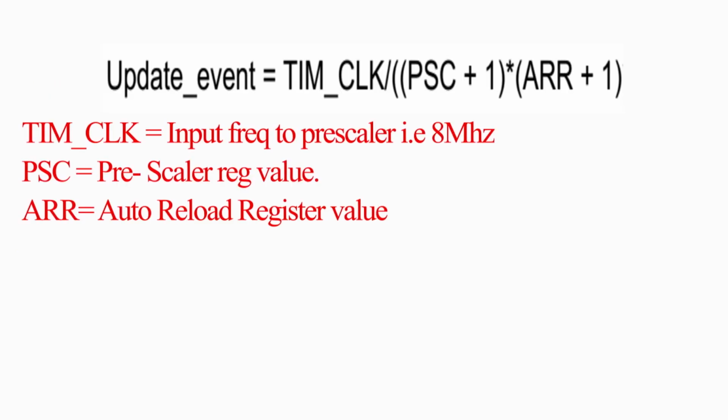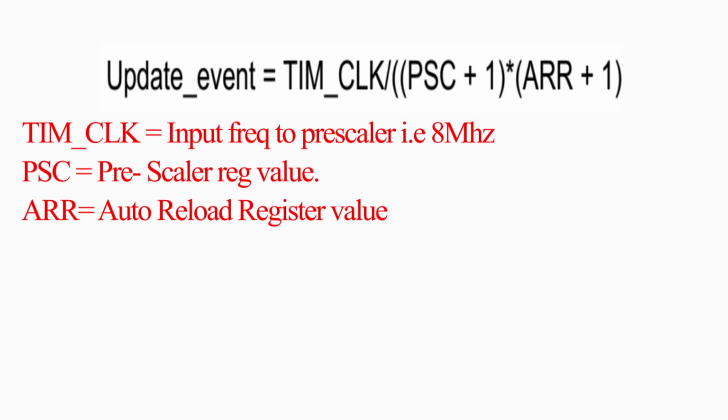This is the formula for calculating the update request frequency as per the timer registers. Here TIMCLK is the input frequency to the prescaler block. In our case, that is 8 MHz. I will show you where I got this 8 MHz in the CubeMX part. PSC is the prescaler register value and ARR is the auto reload register value.